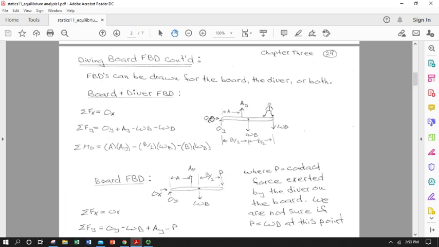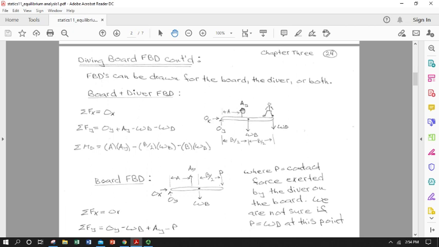It does in the other 2 orthogonal planes, but it doesn't resist twisting around its own axis. So in this XY plane, there's no moment being applied by the hinge. There is an upward force, and we'll call it O sub Y because we'll say Y is in the vertical direction here, and O sub X in the horizontal direction. It could apply those. Whether it is or not, we don't know, but it could. So we're going to put it down, and then we're going to solve to see what it is.